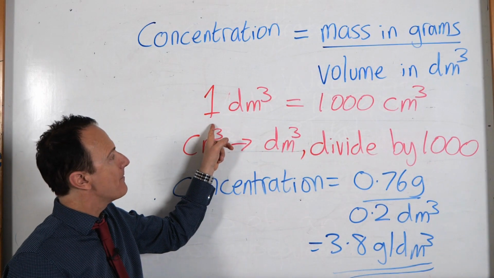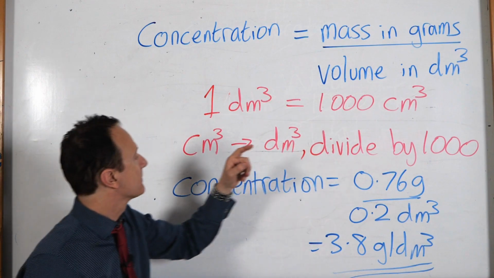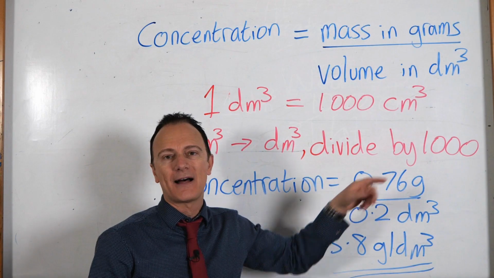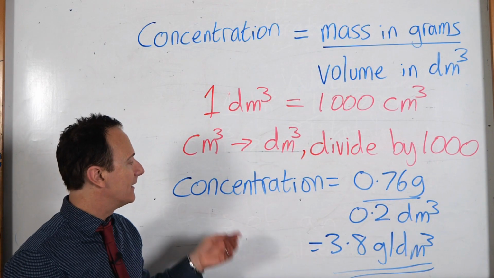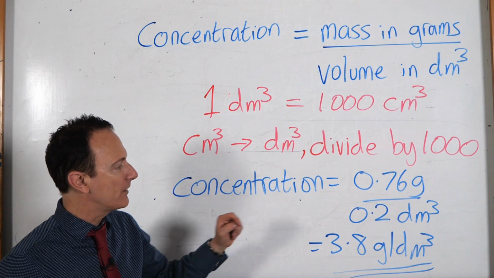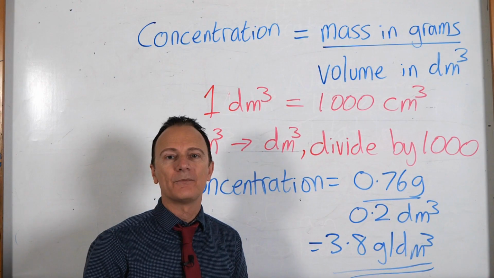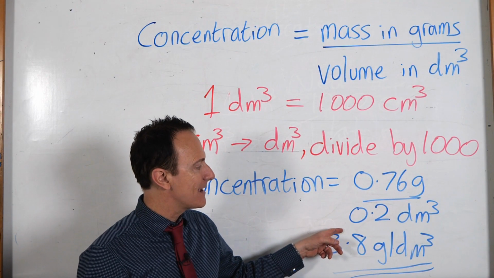So we need to remember 1 dm cubed is the same as 1000 cm cubed. And to go from cm cubed to dm cubed, we divide by 1000. So let's put the numbers that I measured into this formula. Concentration is mass in grams. Well, I weighed out 0.76 grams of copper sulfate, and that's divided by the volume in dm cubed.